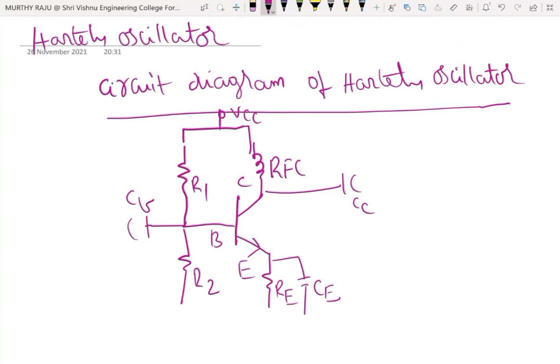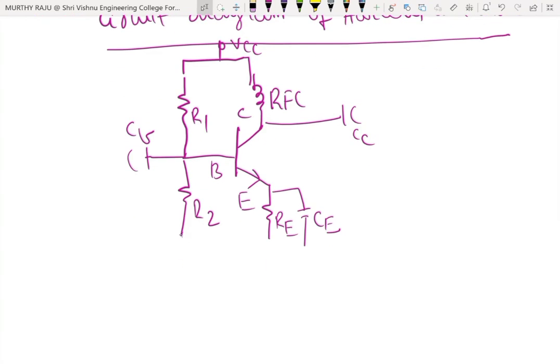This one is coupling capacitor CB. CC is also another coupling capacitor. These three are connected like that.